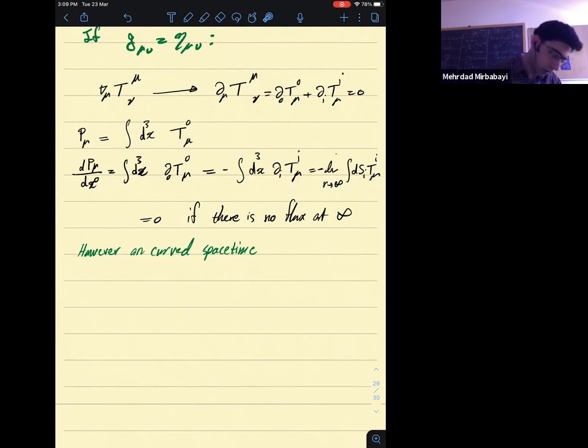So therefore, on curved spacetime, generically, there is no conserved energy and momentum.